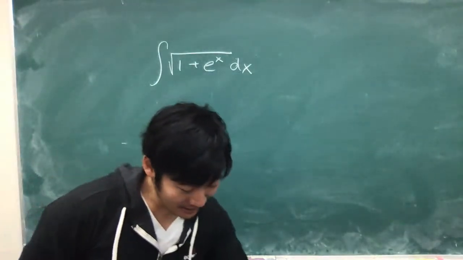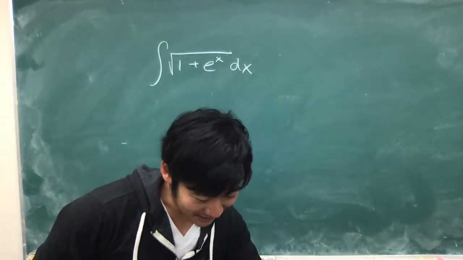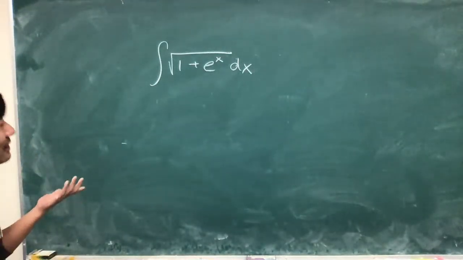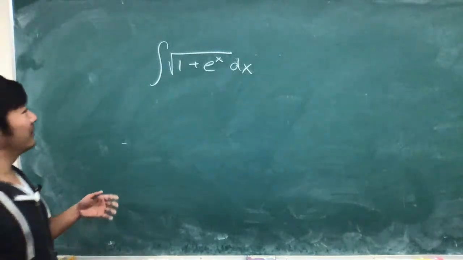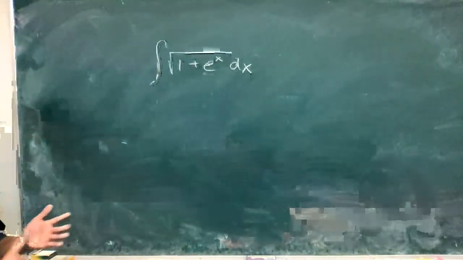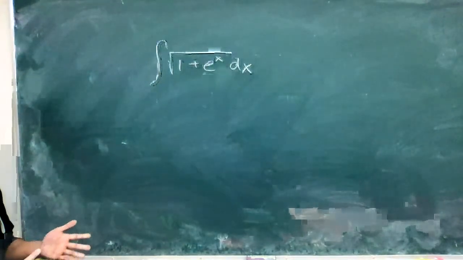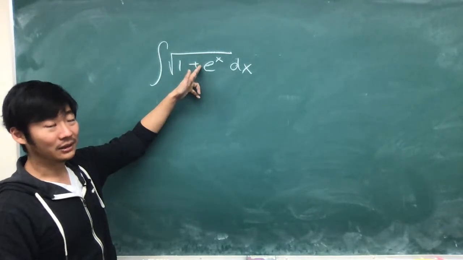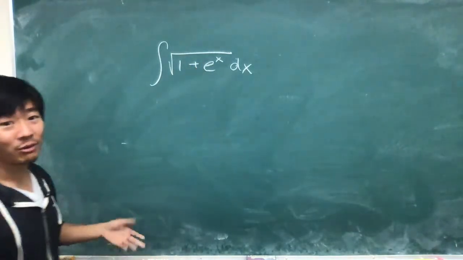I haven't actually done all these. Let's see. For this one, I think it's best if we just let all of this be something squared. And it will work this time because you don't get a weird number coefficient in the front. So yeah, if it doesn't work, we'll try something else.